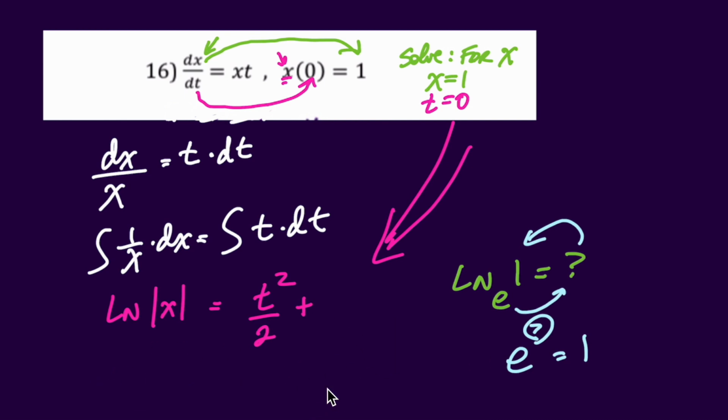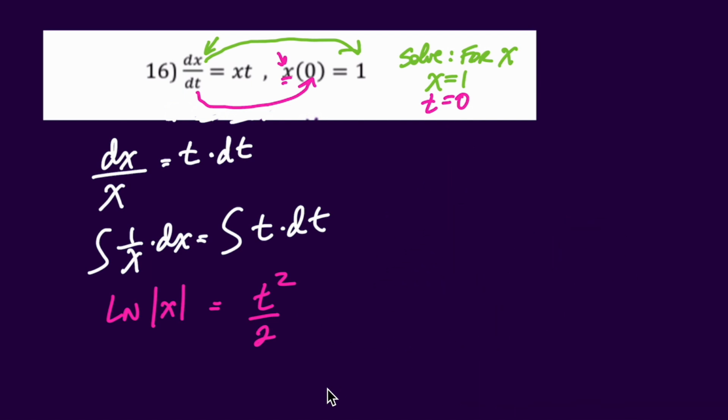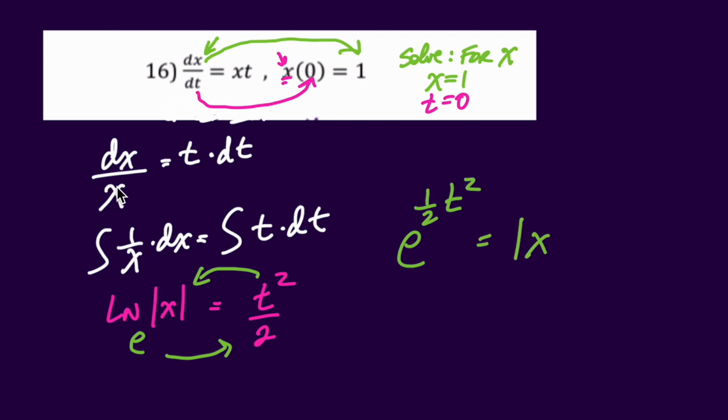So now we're going to be left with this. Okay, and let's go ahead and remove that. So now we still have not solved for x. How do we know we're solving for x? Because it's in the numerator. So what we're going to do is we're going to do whirly bird again. We're going to say e to what's on the opposite side of the equal sign is going to equal the absolute value of x.